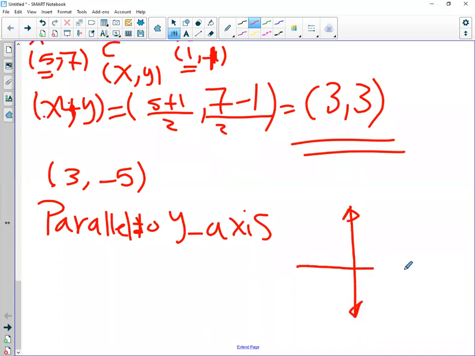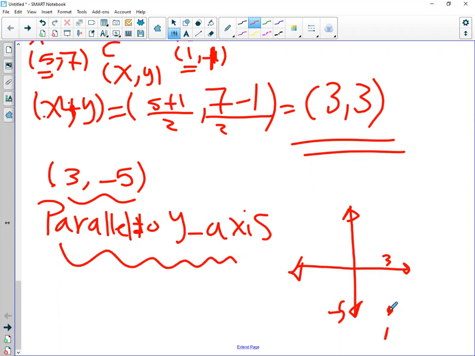This is the coordinate plane. And the point 3 and -5, let's represent it here. So the point is, for example, here, and the straight line is parallel to the y-axis.